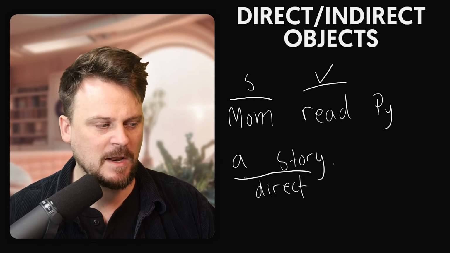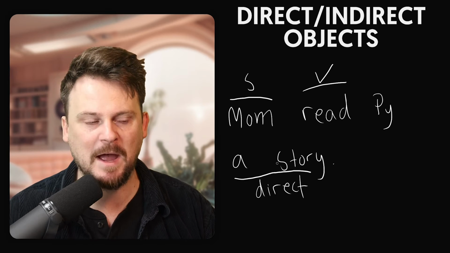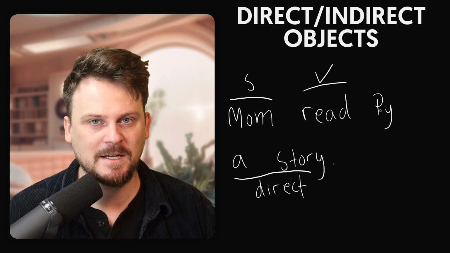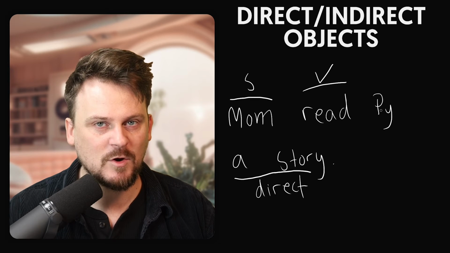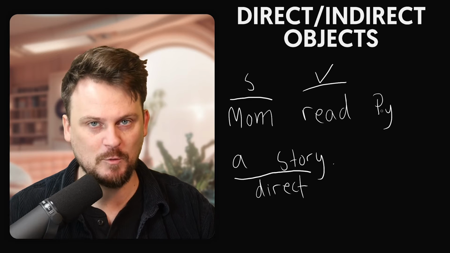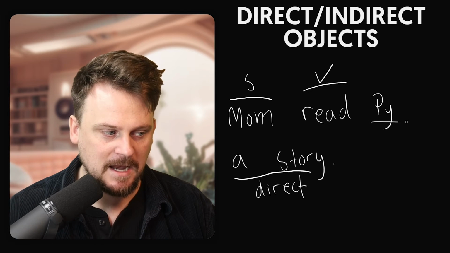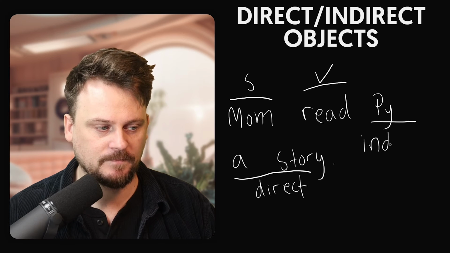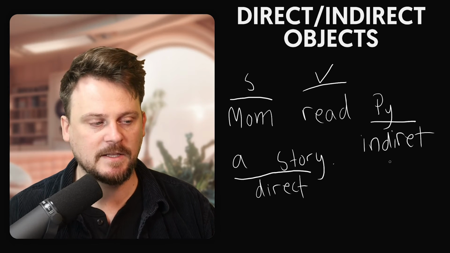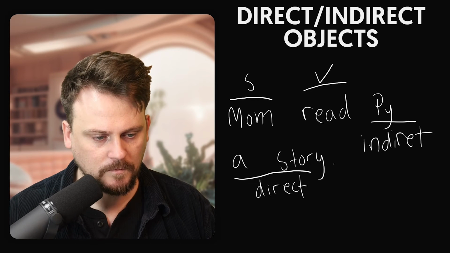So this, in many ways, makes it make sense. I know what this verb is about. And if I want to then add something, the recipient, who's getting it, who it's for, right? Who it is intended to be directed to, then I need the indirect object. In that case, this is Pi. Okay? So that's the structure.